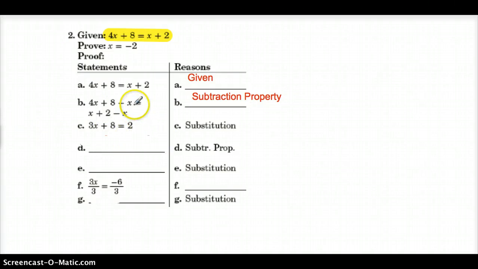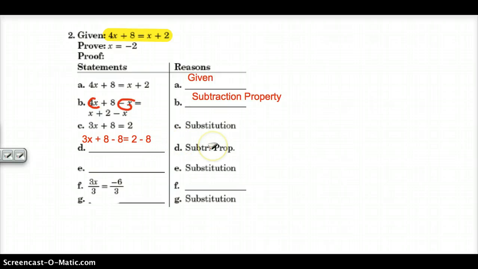Then at that point you would be combining your x's together here to get 3x, and an x and a minus x would be 0, leaving with 2. That would be a substitution. Now you need to get your numbers together on the same side, so you would write 3x plus 8, and then you would minus the 8, and then 2 minus 8.